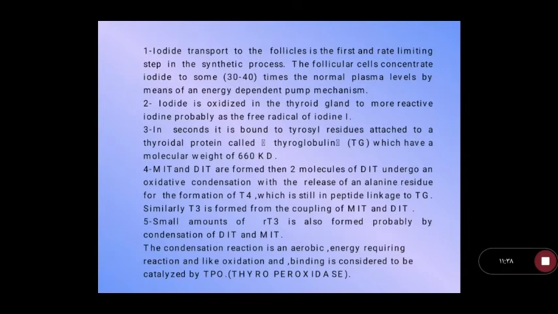Similarly T3 is formed from mono and di in the same way. A small amount of reverse T3 is also formed, probably by condensation. Notice here that di comes before mono in the drawing, di and mono, to give us reverse T3.